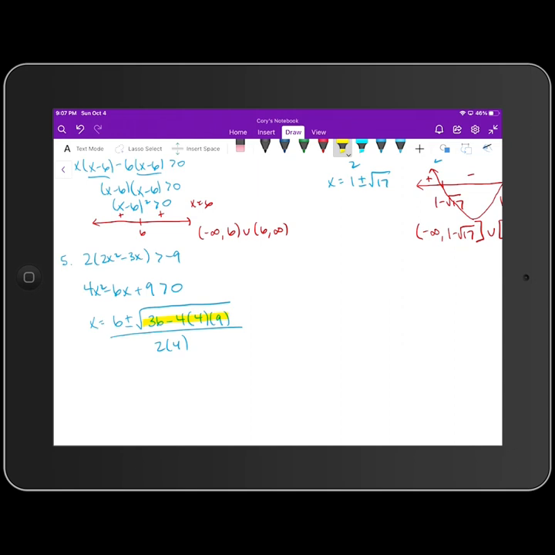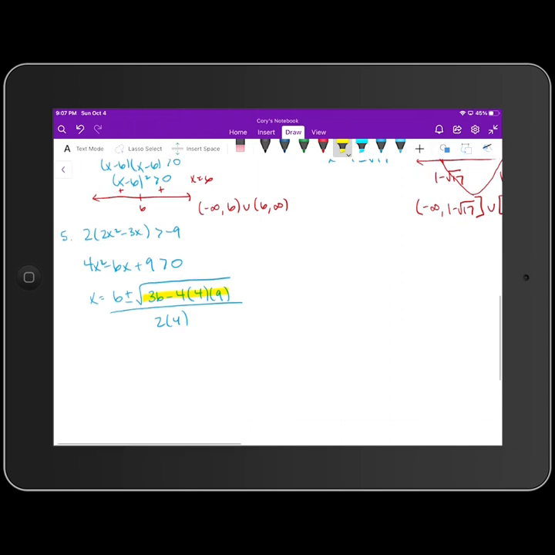Okay, so if we think about this graphically, if that graph has no x-intercepts, and we know the graph opens up, okay, I know that graph has to open up because the x squared term is positive. The only way the graph opens up and has no x-intercepts is if the vertex lies above the x-axis.